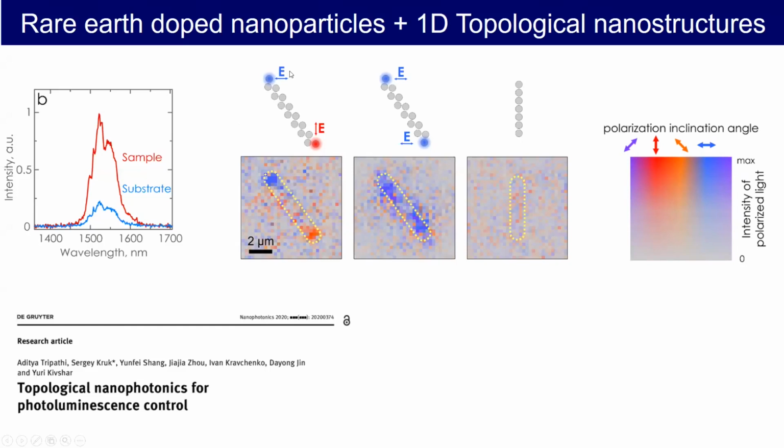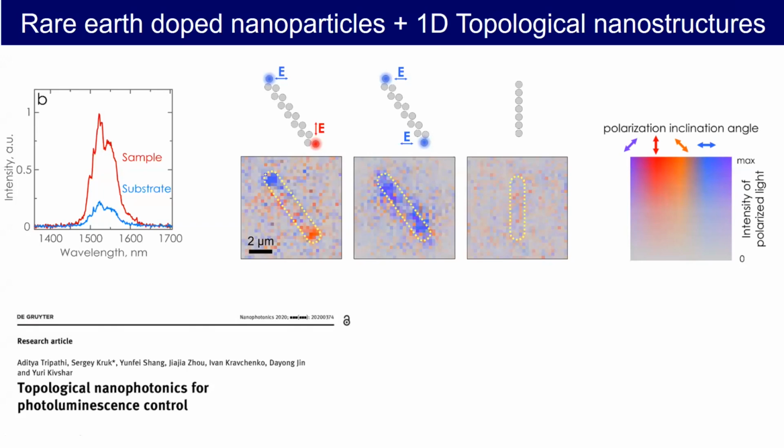It was the same as the edge states in simple uncoated nanostructures, which also proved that we control the polarization of nanoparticles through our topological nanostructures, which was a pretty cool result for us to observe in the first place.